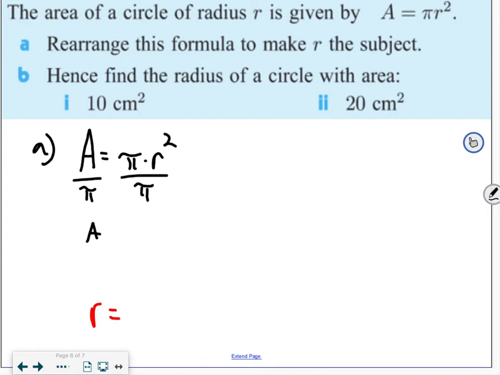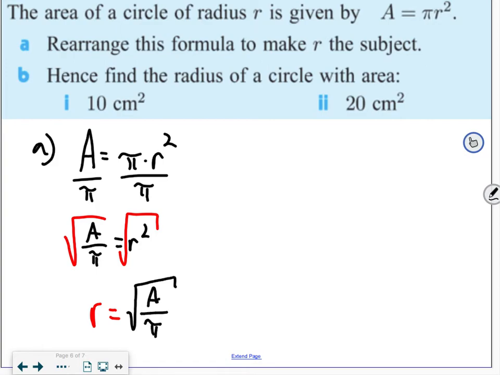And I have A over pi equals r squared, and my inverse operation of squaring is taking the square root of both sides. So I do that to both sides. That's going to cancel out my square. So I'm going to have r equals the square root of A over pi.